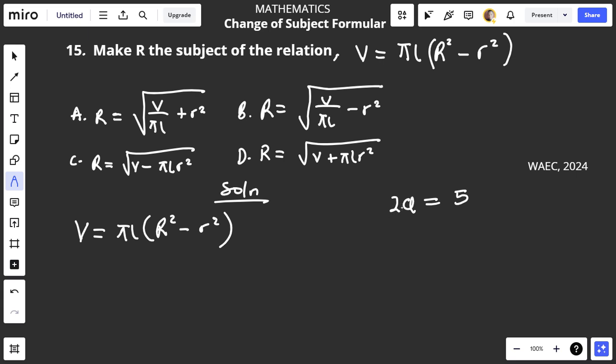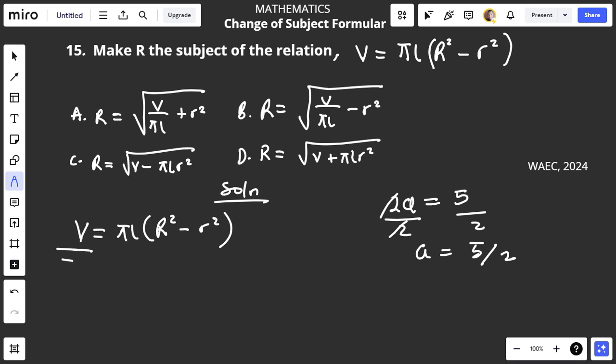The operation binding it is multiplication, that's 2 times a. So for you to take away 2, you have to divide both sides by 2. Then 2 will cancel, and you now have a equals 5 over 2.